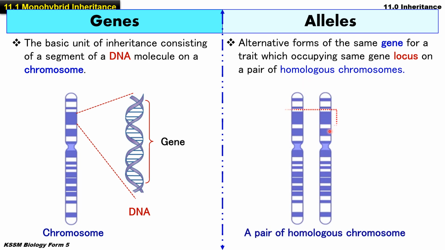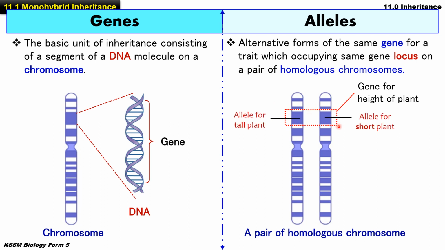So, alright, contohnya this. Dekat sini adanya coding ataupun gene for height of the plant. So, ada dua. A pair of homologous chromosome. So, ini ialah allele. So, allele can be, okay, gene ialah height of the plant. Allele, because height ada short and ada tall.